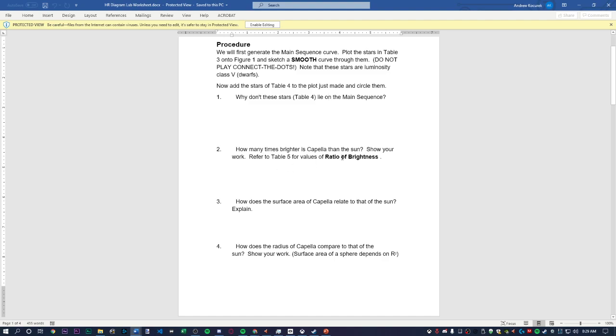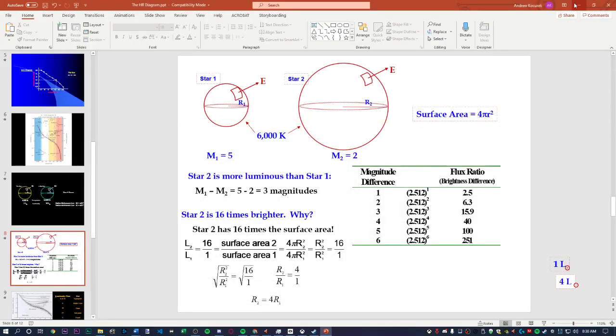Okay, number 4 is the biggest one. It's going to be the one that's going to get most people, which is how does the radius of Capella compare to the sun? We're not going to do Capella. We're going to do this example here. And this is the surface area.